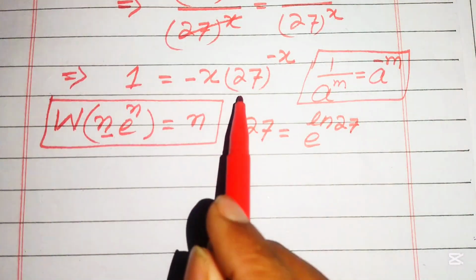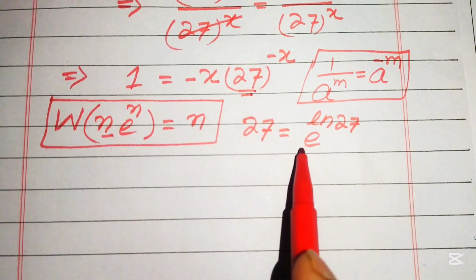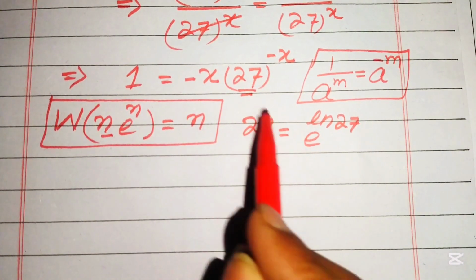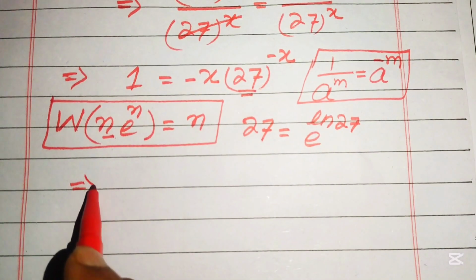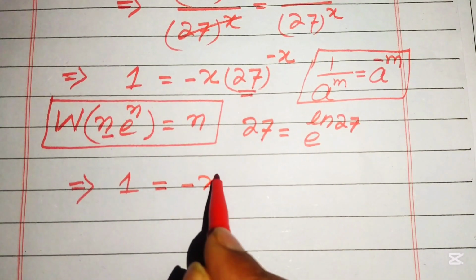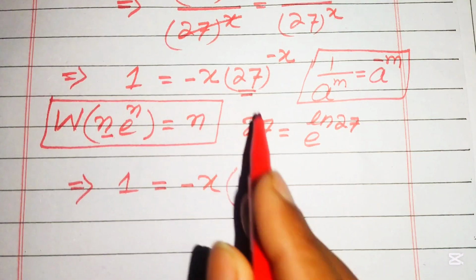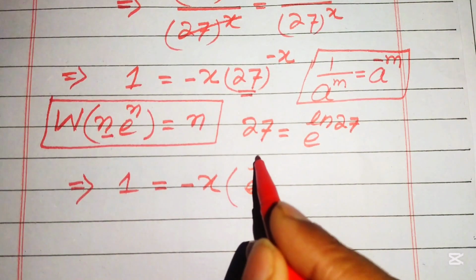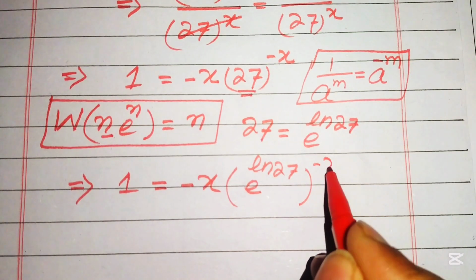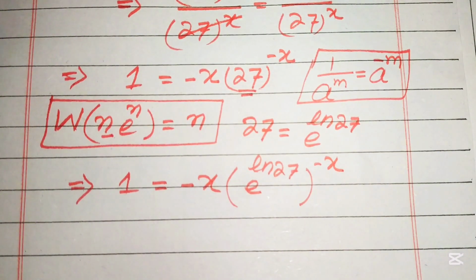Now we replace 27 with e to the power of log 27. When you replace this term, our above equation is written as 1 is equal to minus x into e to the power of log 27, and its whole exponent is minus x.